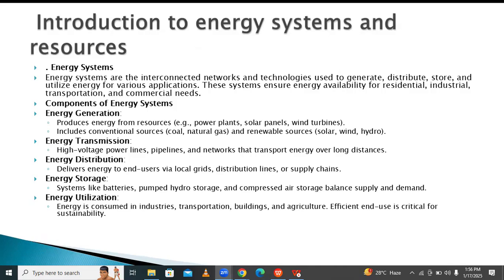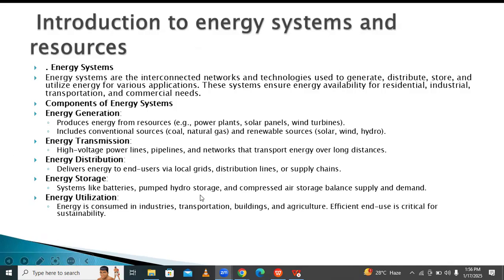Next, energy storage systems, like batteries. Nowadays we know of high-efficiency batteries, namely lithium-ion batteries and lead-acid batteries. The maximum amount of energy is stored in pumped hydro storage systems, PHS, in the form of potential energy.